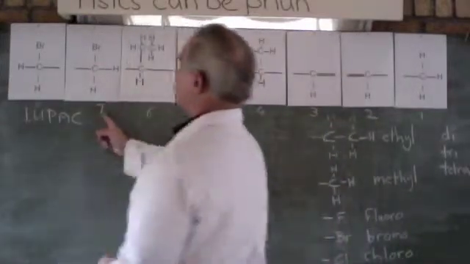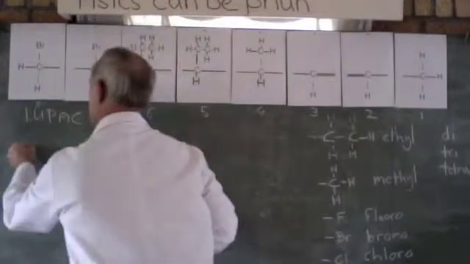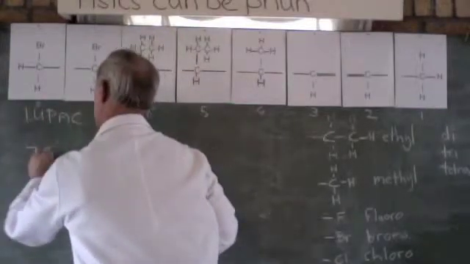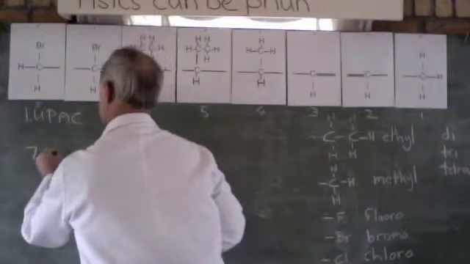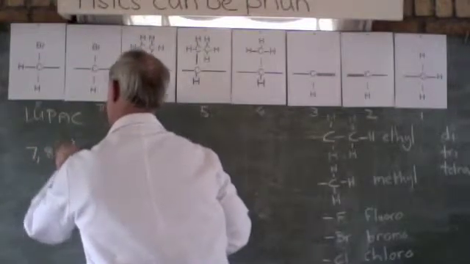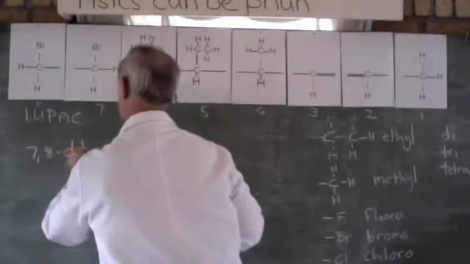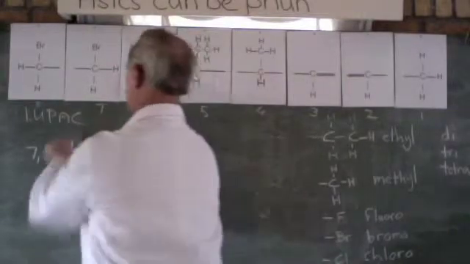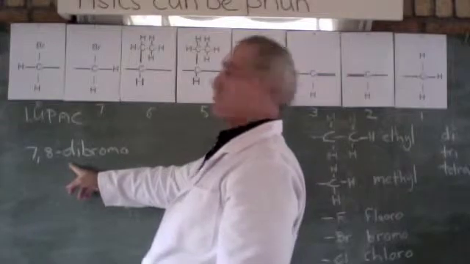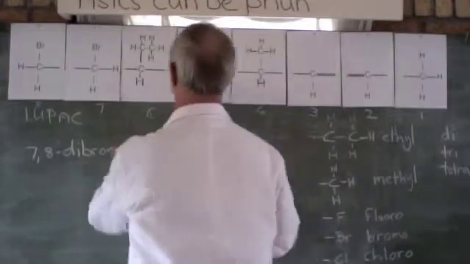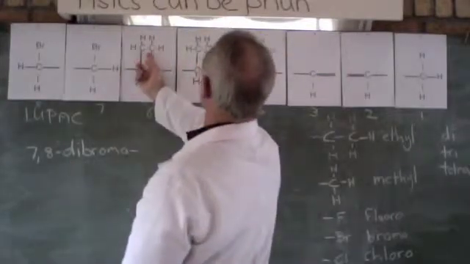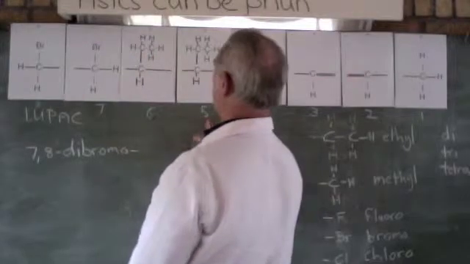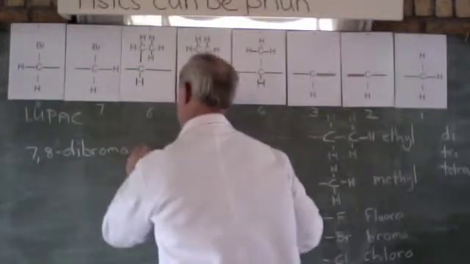What have we got? We've got on 7 and 8, 7,8-dibromo. Don't forget the di because there's 2 of them. Right, dash. Now comes the ethyls. 5 and 6, 5,6.